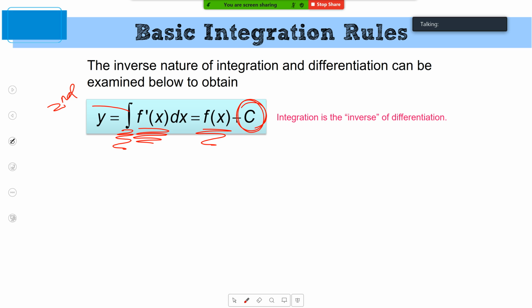Okay, does that make sense? Maybe that helps. Or maybe that confuses you. But again, what I did is I took a derivative first, then an integral.